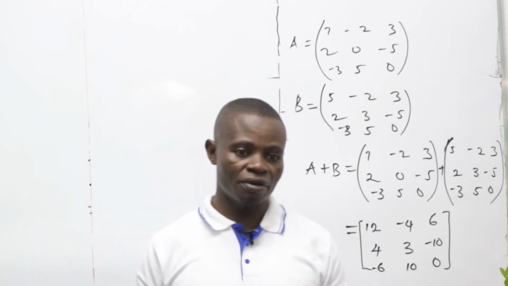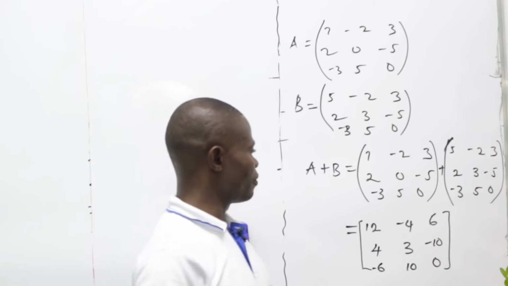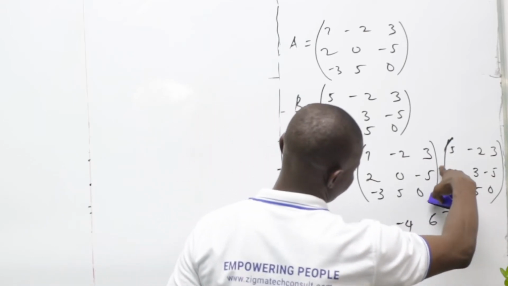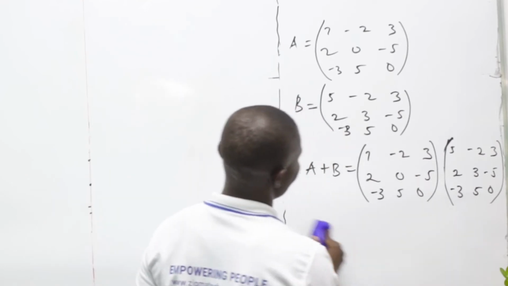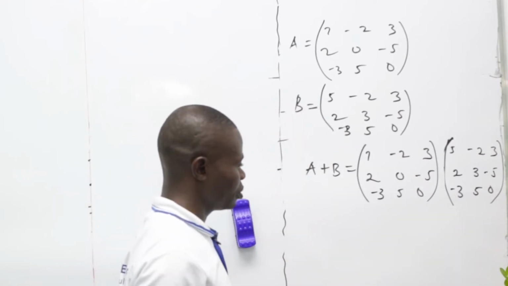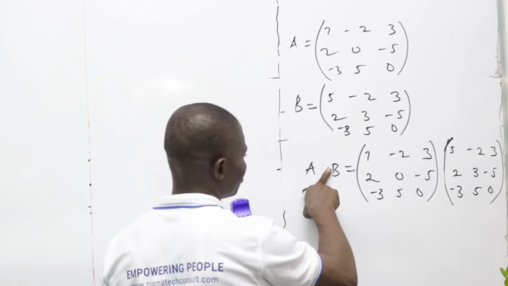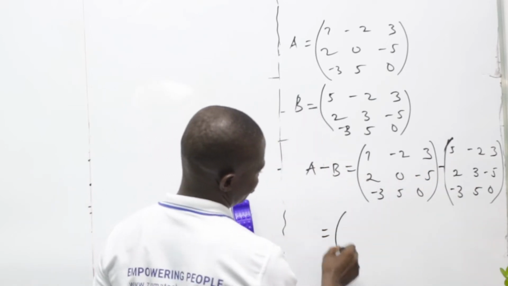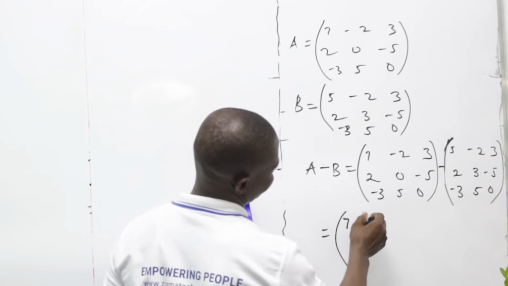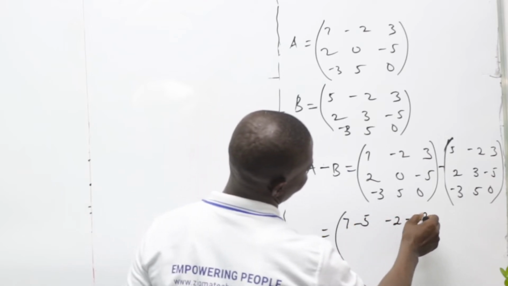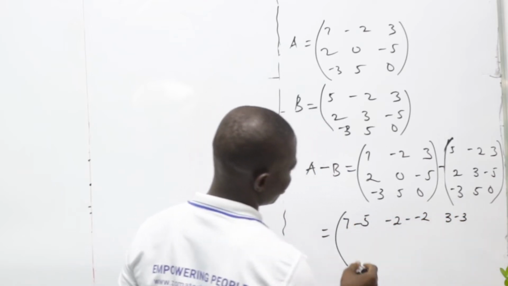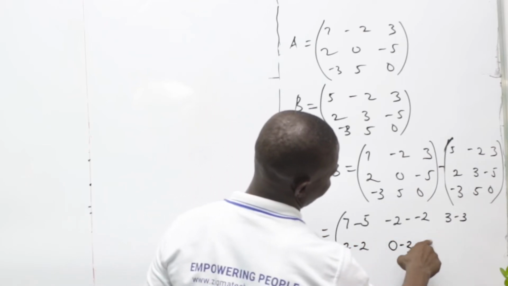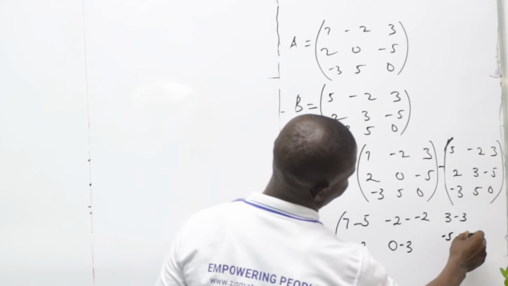Now it is time for A minus B. For A minus B, all you have to do is remove the addition sign and put a subtraction sign, saying A minus B. That is, 7 minus 5, minus 2 minus minus 2, 3 minus 3, okay? 2 minus 2, 0 minus 3, minus 5 minus minus 5.